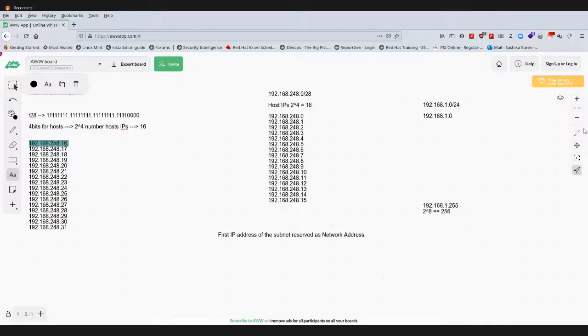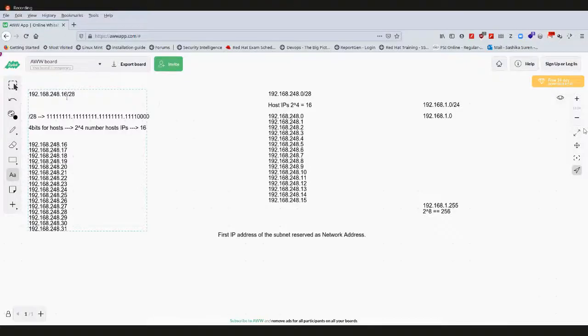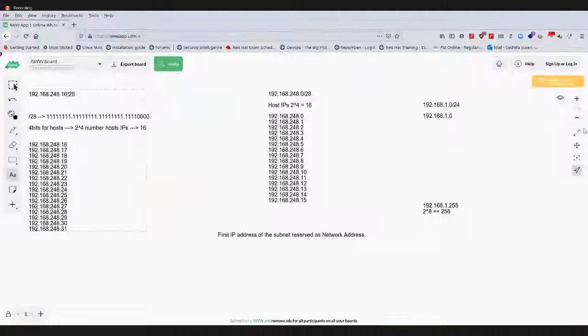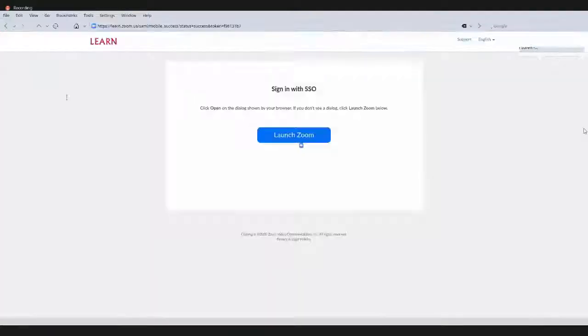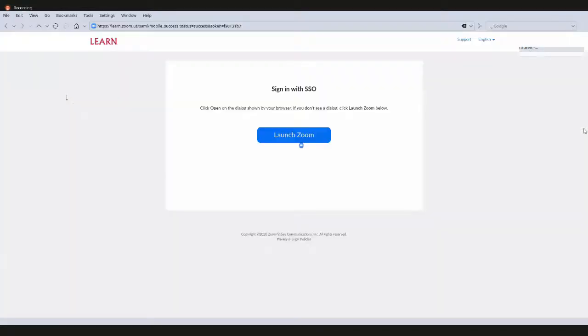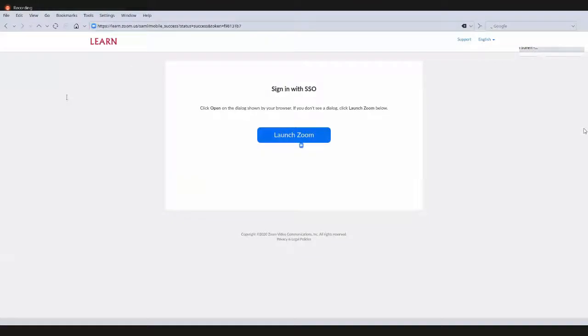Then 192.168.248.16, the first IP address, again describes your network. So the first IP address is always reserved as a network IP address, which describes your network.